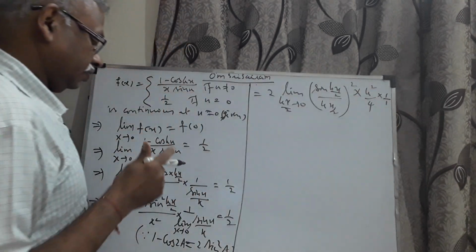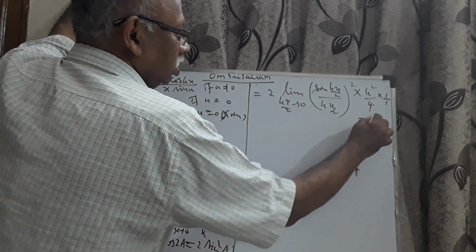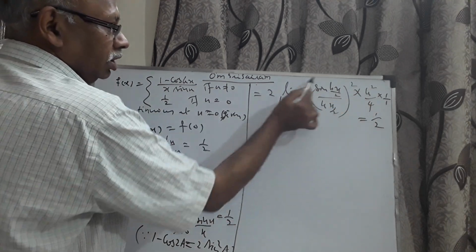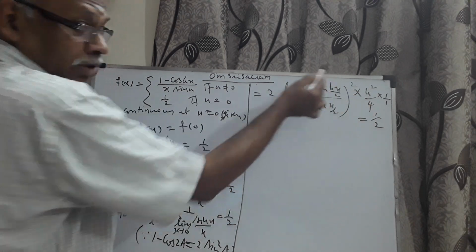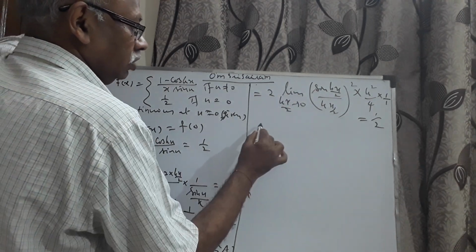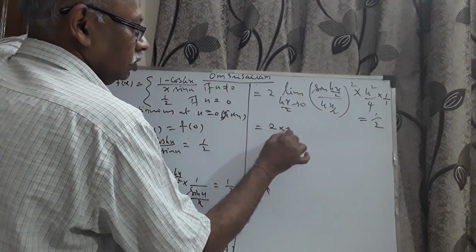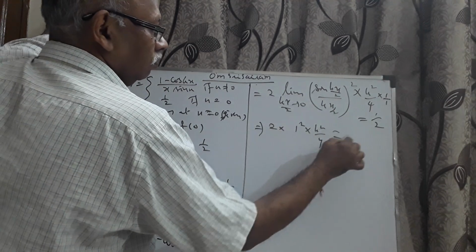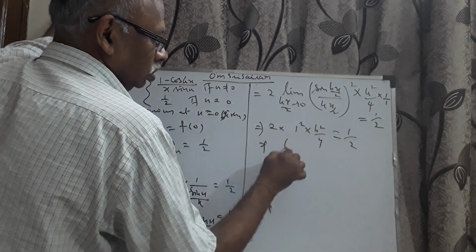The limit as x tends to 0 of sin x by x will always be 1. Here I just multiply and divide by k square by 4. This can be written as (sin kx by 2) by (kx by 2), the whole square. But whenever x tends to 0, kx by 2 will also tend to 0. This is 2 into 1 square into k square by 4, which is equal to 1 by 2.